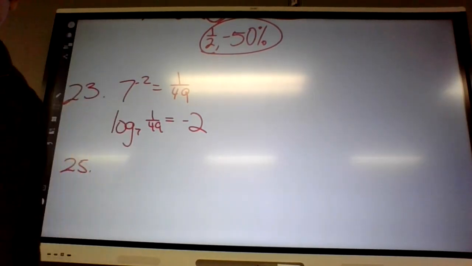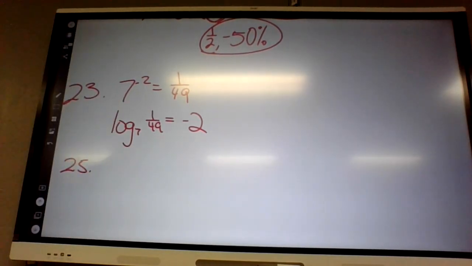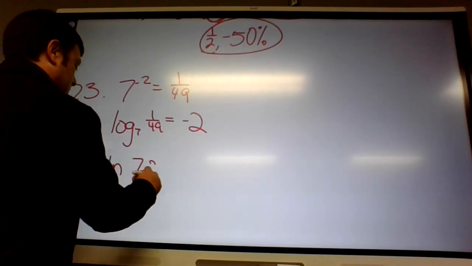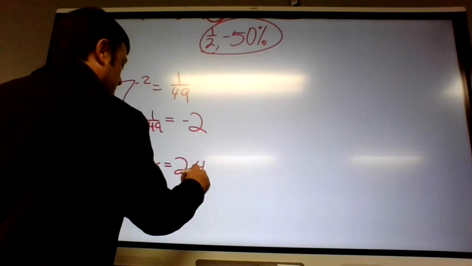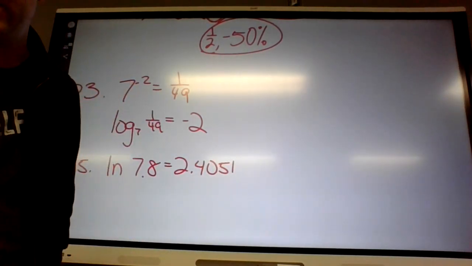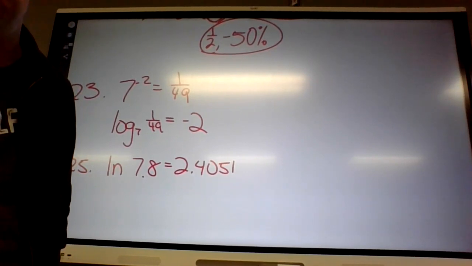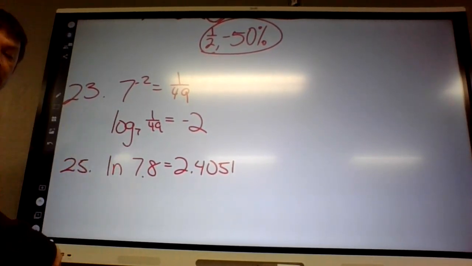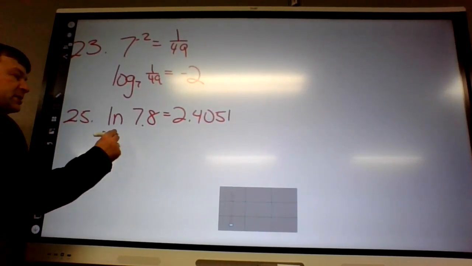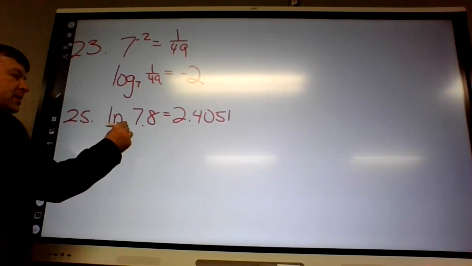Natural log of 7.8 is 2.0541. So ABC. Yeah, same thing. Well, kind of the same thing. We're going from log to exponent on this one, but it's still ACB. Okay, so what do I start with? What's the invisible base right here?